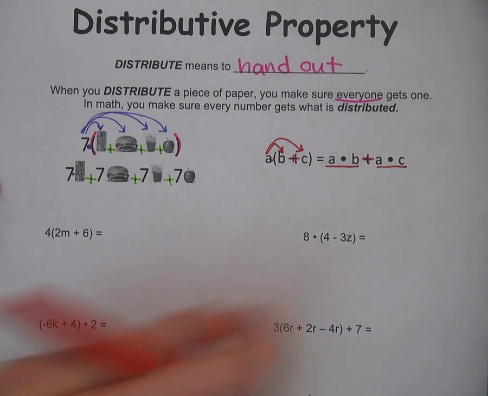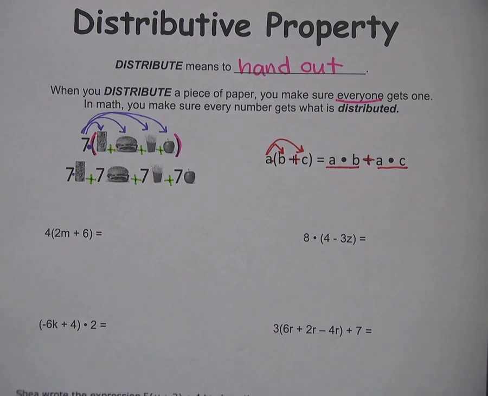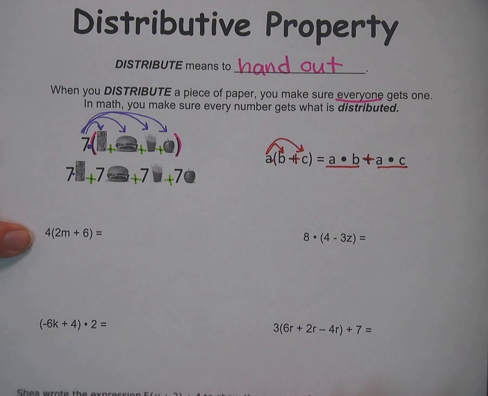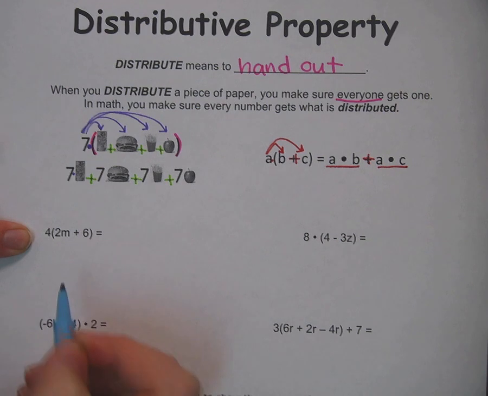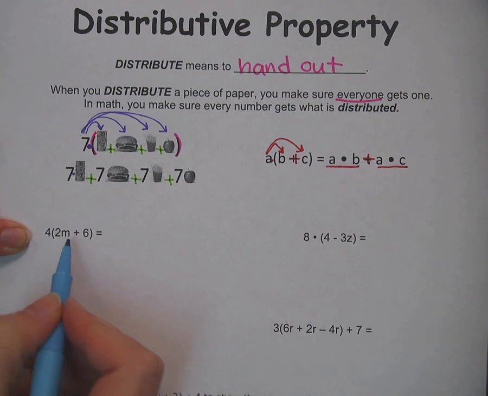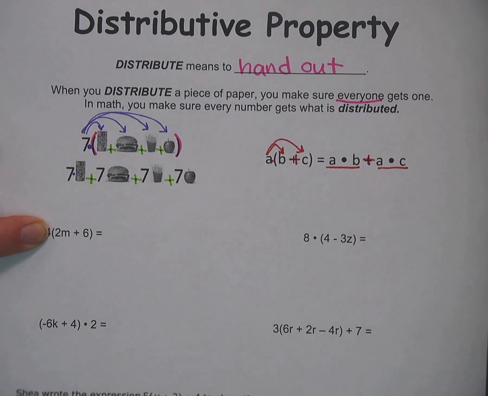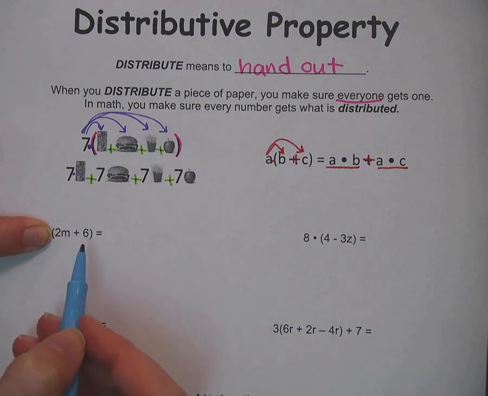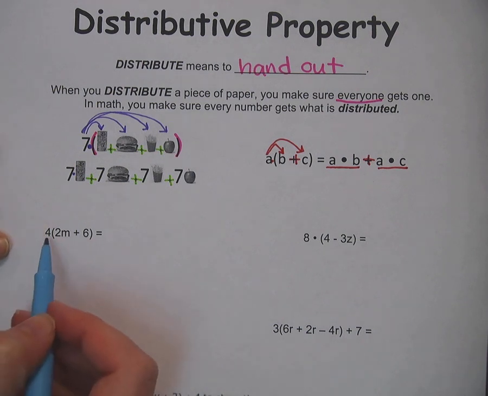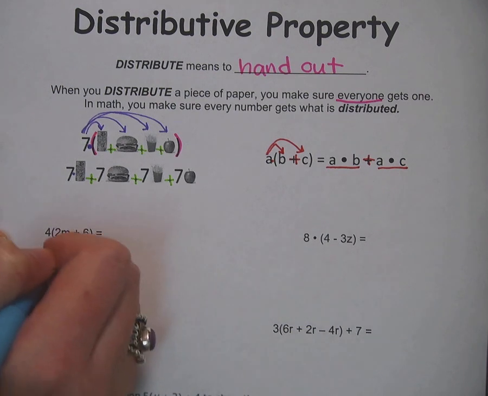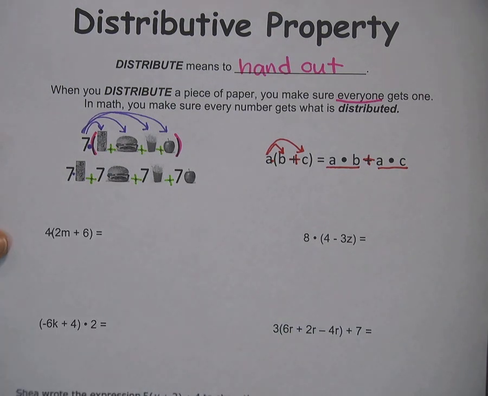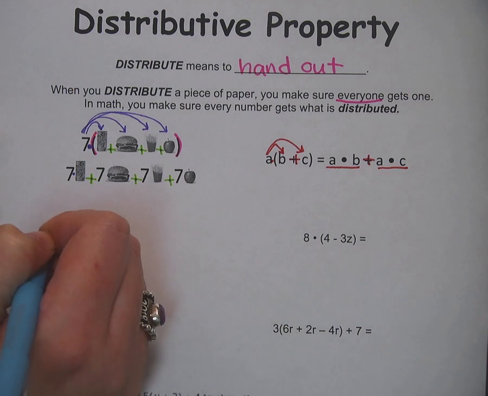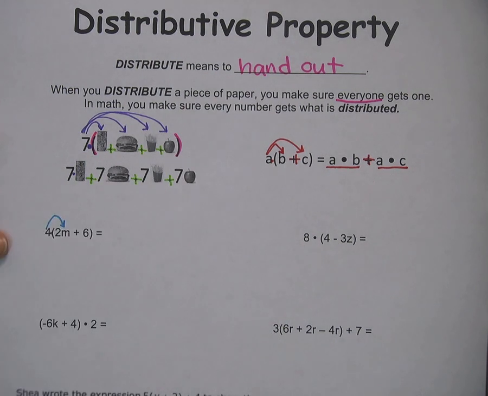Now we're going to do 4 practice problems just to get a little bit more help with it. On this one, I have a 4 outside the parentheses. Now, to distribute, if I look inside the parentheses, the 2m plus 6, I cannot really add that. So I have to distribute. That's the only thing I can do here. I'm going to put my invisible multiplication symbol, and I am going to give my 4 to my 2m.